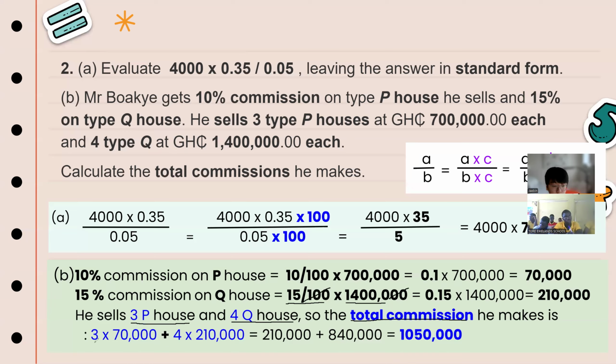So now we simply multiply 3 times 70,000, plus 4 times 210,000, and then we get 210,000 plus 840,000. And Mr. Boake gets a total of 1,050,000 Ghana cedis.